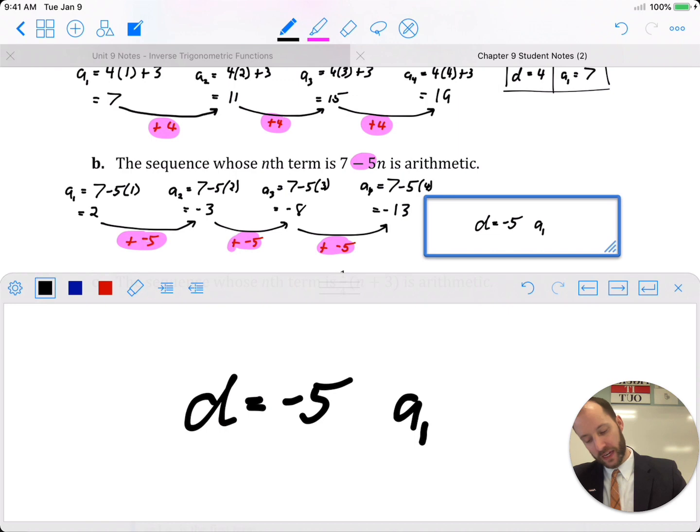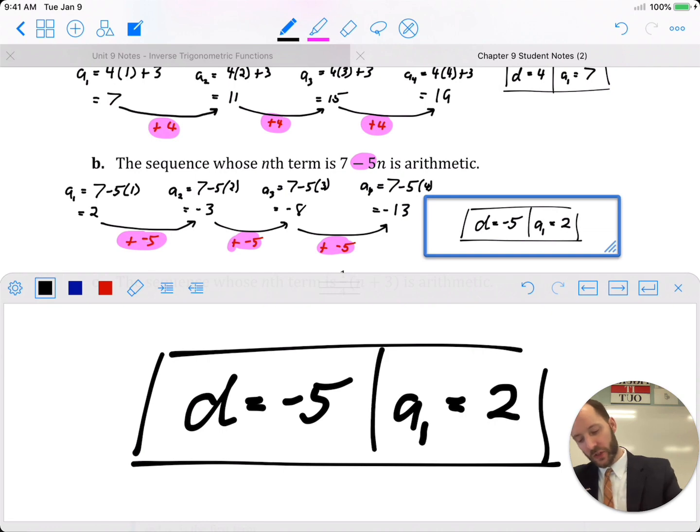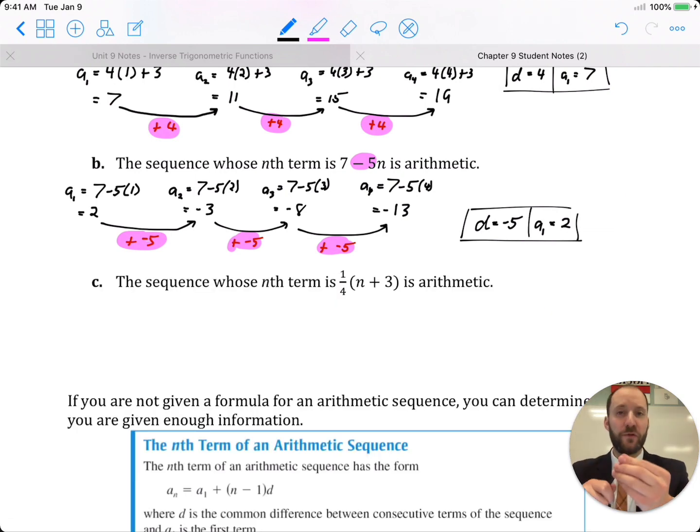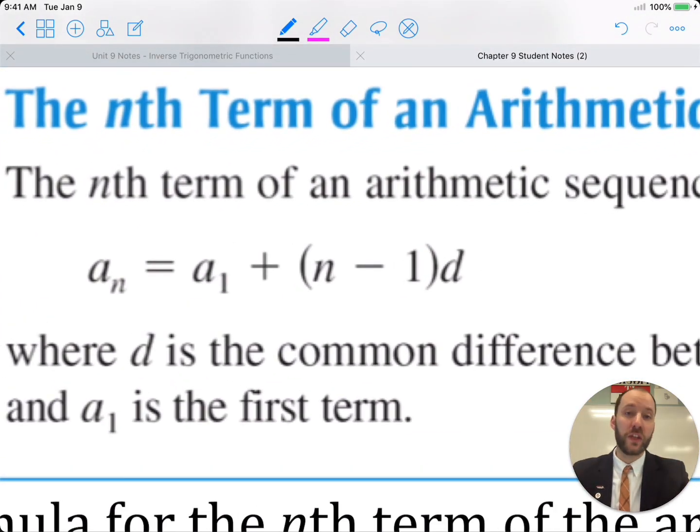Common difference, negative 5, a sub 1 is 2. And eventually, this leads us to an explicit formula for an nth term. And this is only for arithmetic sequences.